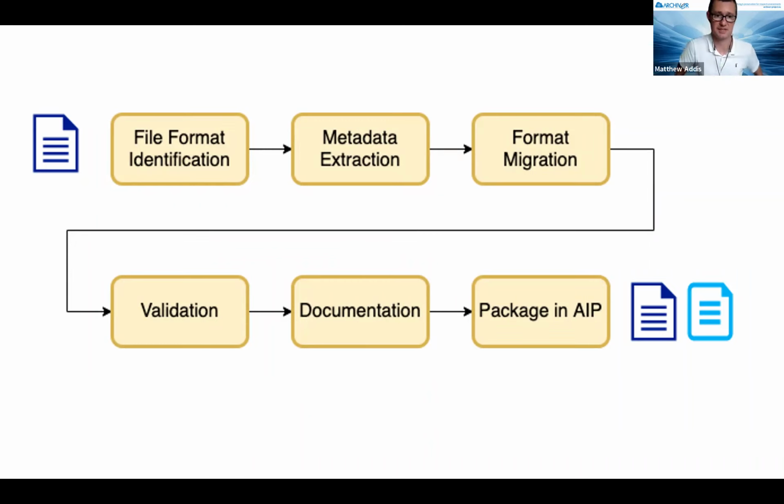Everything is then documented in a METS file, because that's what Archivematica does. And then the original file, the normalized file, and the METS and PREMIS description of everything done, then goes in an archive information package, which we then store in multiple locations and do ongoing data checks to make sure it maintains its integrity.